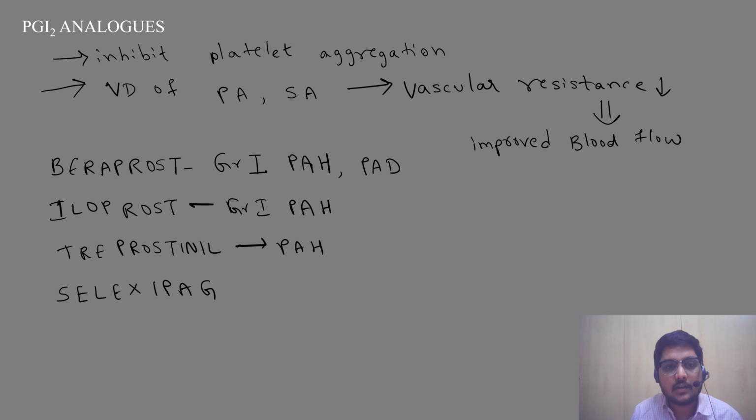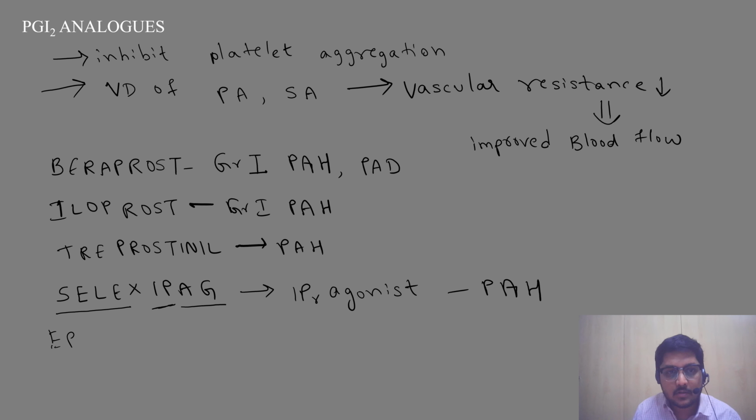It is totally different in chemical structure, but it acts selectively as an agonist on the prostaglandin I type of receptor. We call it the IP receptor. Okay, IP receptor agonist. What is its indication? Same thing. Pulmonary artery hypertension.